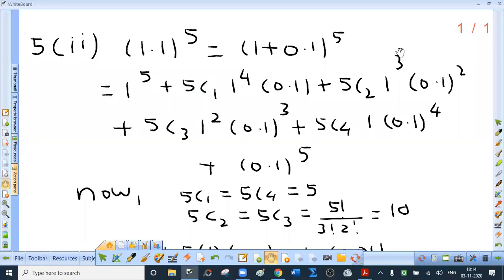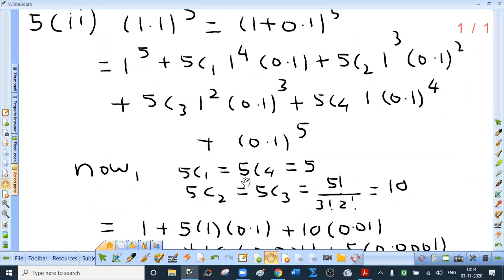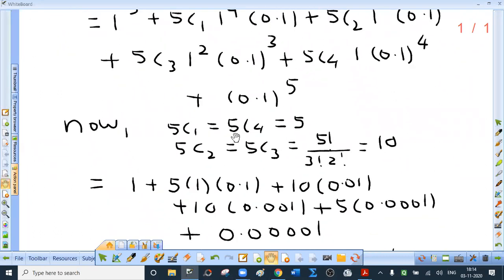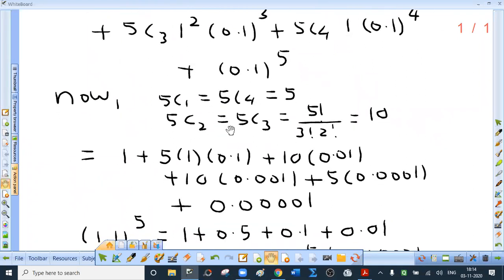Fifth one, using binomial theorem, find the value of, we'll be doing the second part, 1.1 raised to 5. We have to write 1.1 as 1 plus 0.1 raised to 5. Use binomial theorem. 5c1, which is the same as 5c4, is 5. 5c2 is the same as 5c3, that is 10. Substitute. You have to be very patient while simplifying.